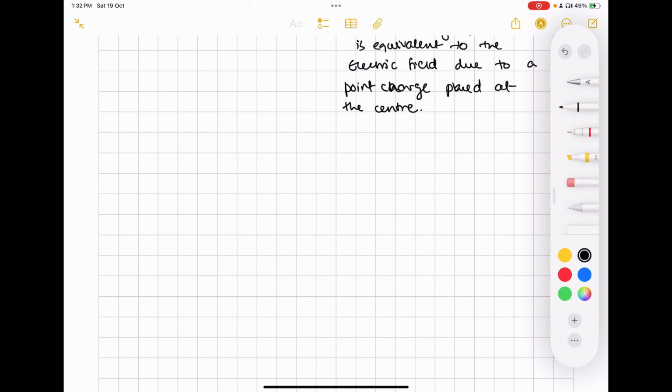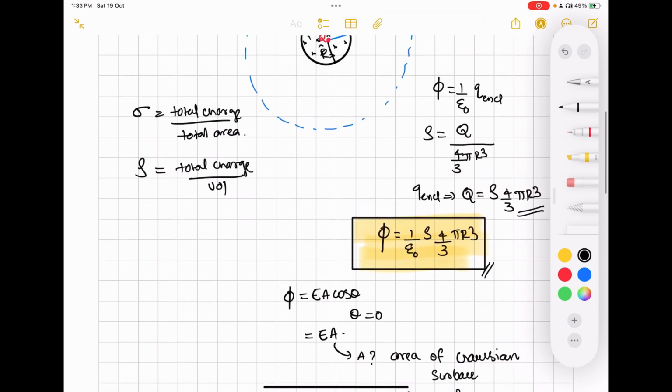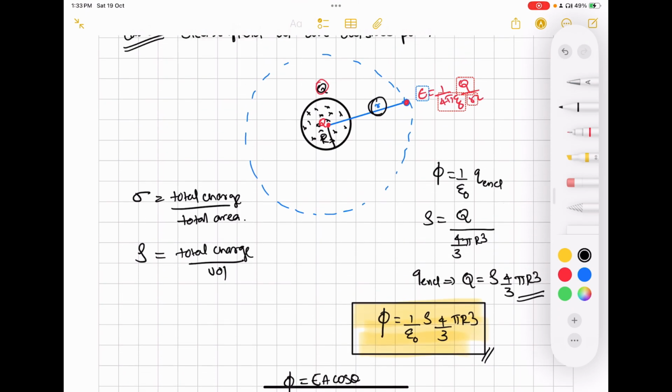Now we can move to case 2, which is the electric field on the surface. So what we will do is reduce the radius of this Gaussian surface in such a way that the point at which we need to find electric field lies on the surface of the Gaussian surface.